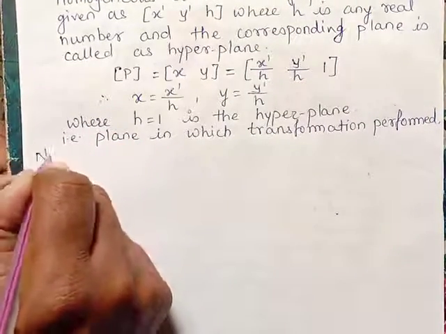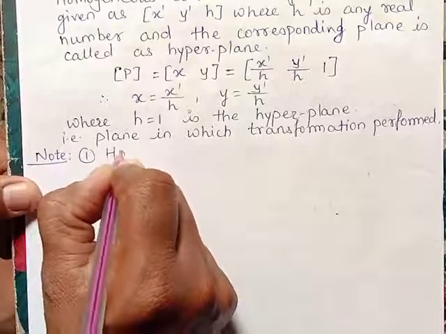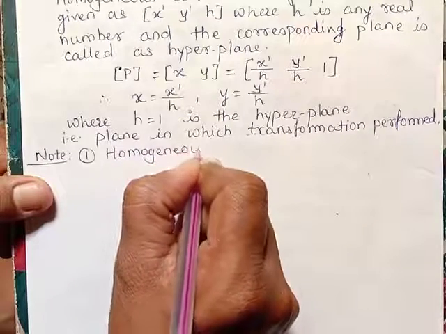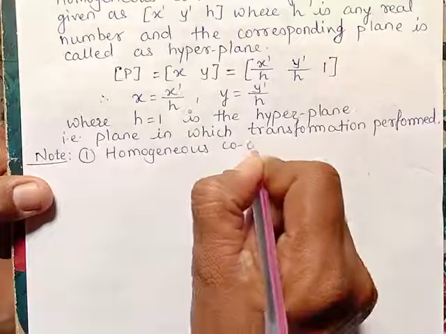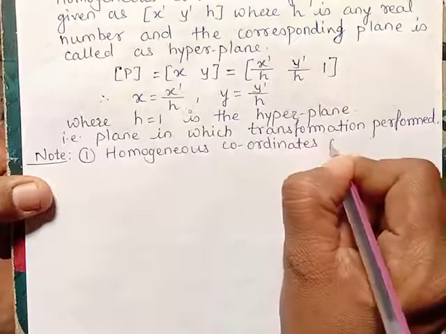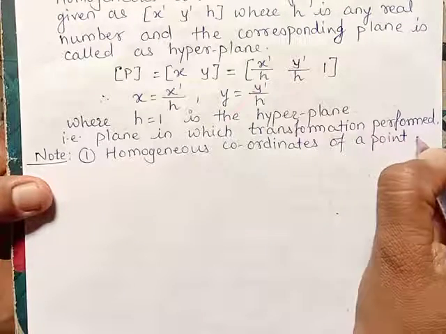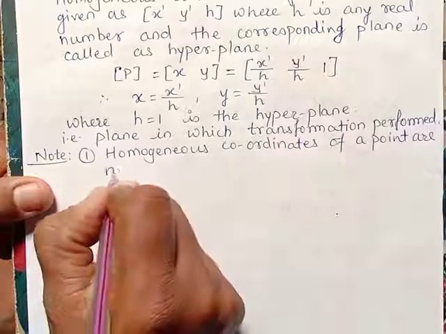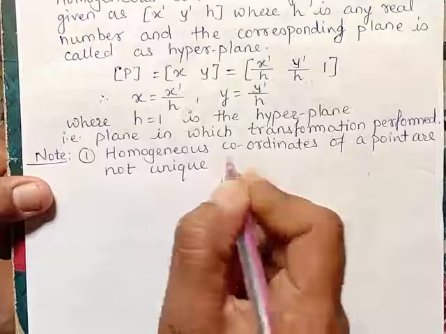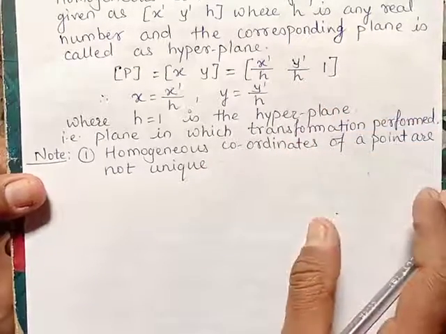Now, note that first, homogeneous coordinates of a point are not unique. As we can take any value of h here, any real number, that's why these are not unique.